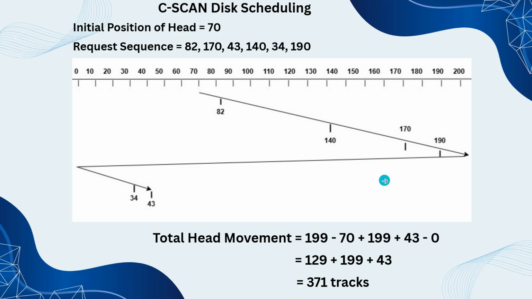So from the end 199 it moves towards the left. Then it starts serving the requests 34 and 43. So here the head movement is calculated by 199 minus 70 plus 199 plus 43 minus 0. So the total head movement for this algorithm is 371 tracks.